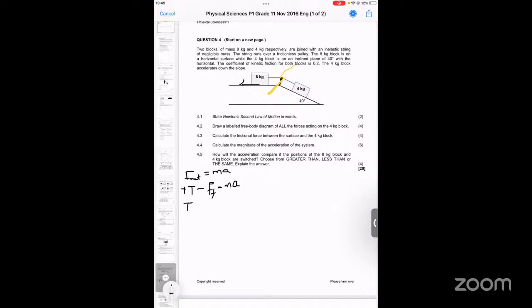So I've got the tension, and the frictional force in this case is mu mg. No need for a cos, because in this case it is not on an incline. Remember, this is for the 8 kg. The aim is to make the tension the subject of the formula. That means we have MA that you will plus with mu mg. Why mu? Because it is the frictional force.